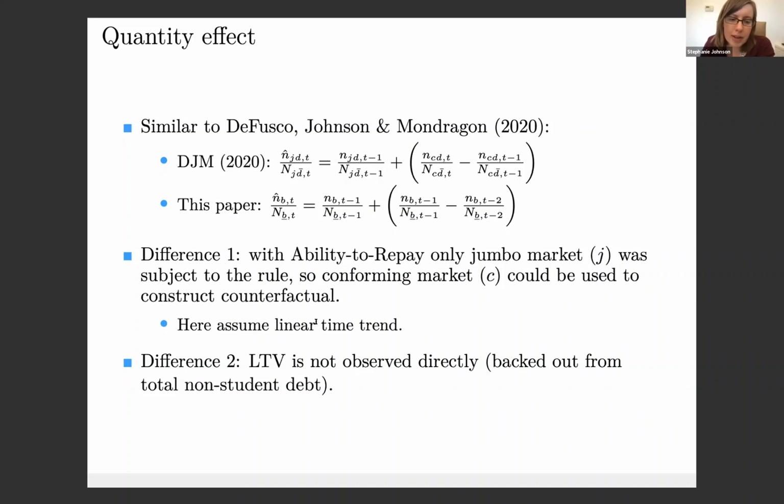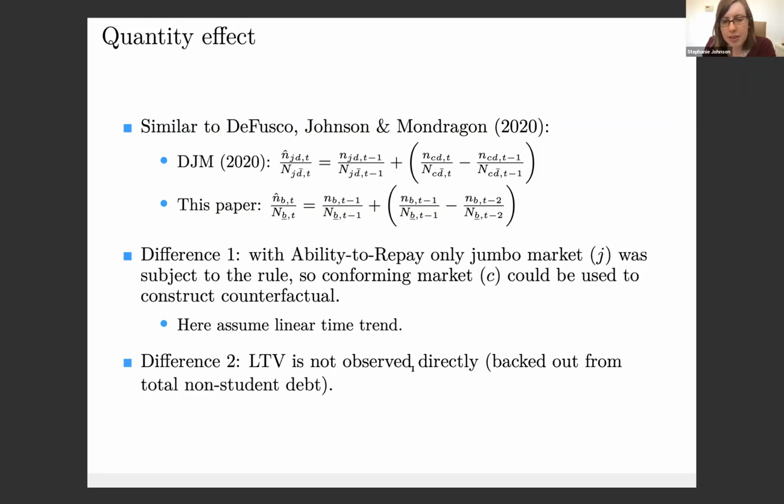In this paper, they're forced to take a different approach because they don't have a natural control group. And so instead, they add the difference between the previous 2 years to come up with what the counterfactual bin share would be.